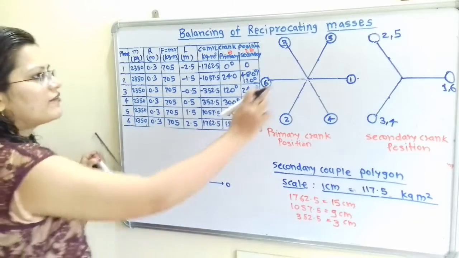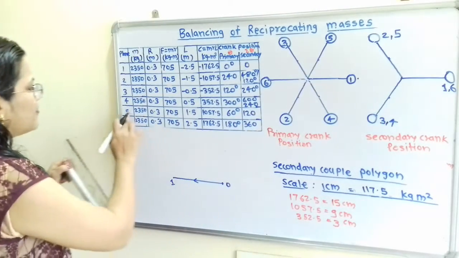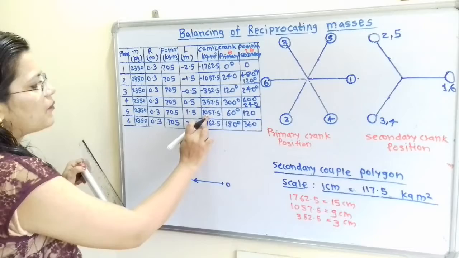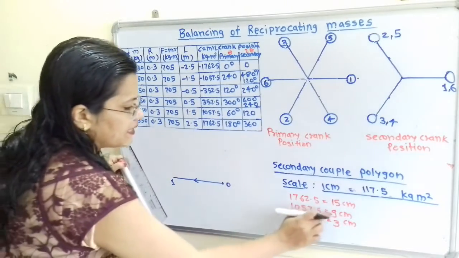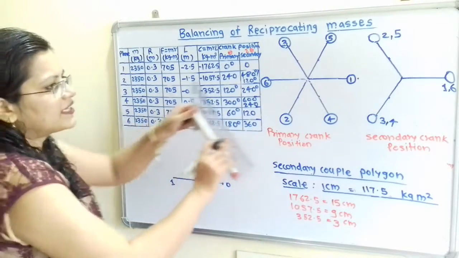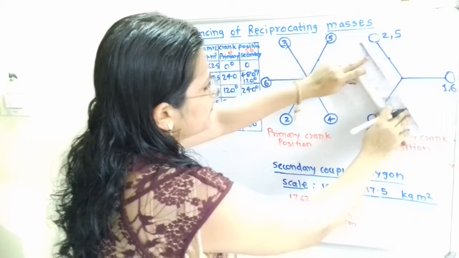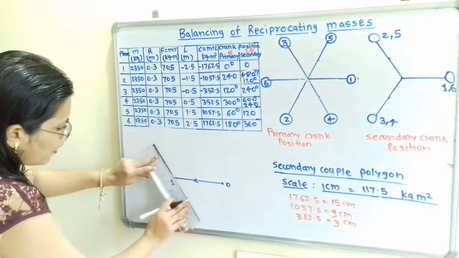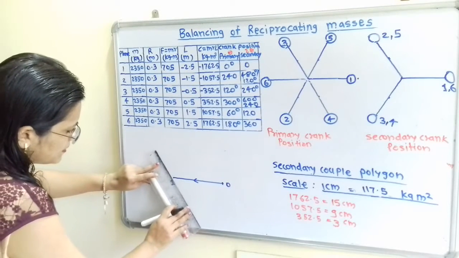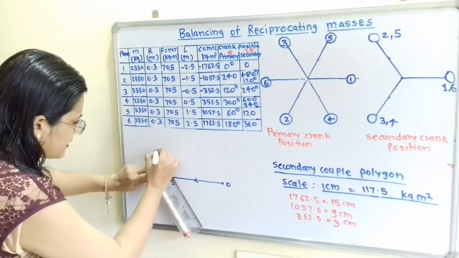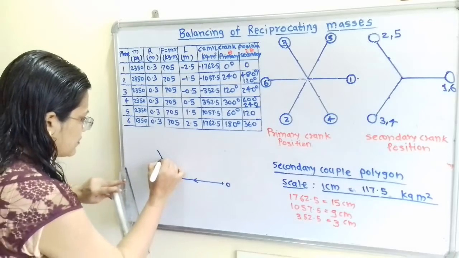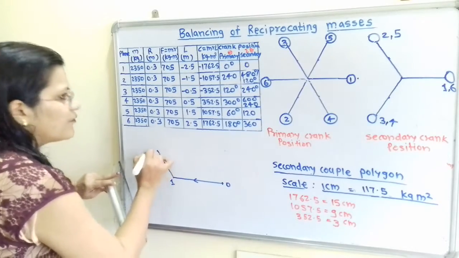Now after point 1, for 5 magnitude is positive 1057, that is 9 centimeter. Angle is 120. So I will transfer this angle and now draw this 9 centimeter line in the upward direction. So here will be next number 5.